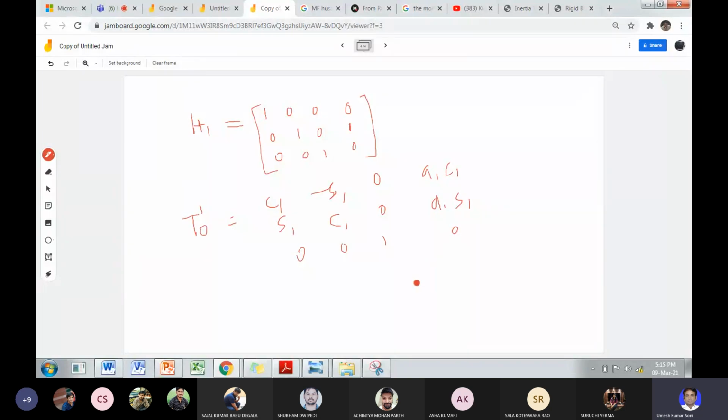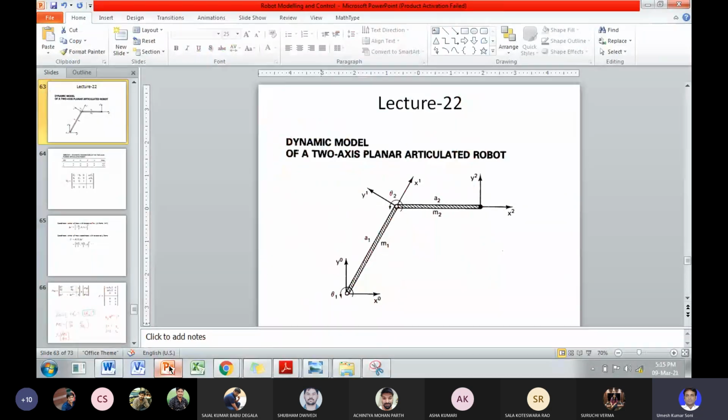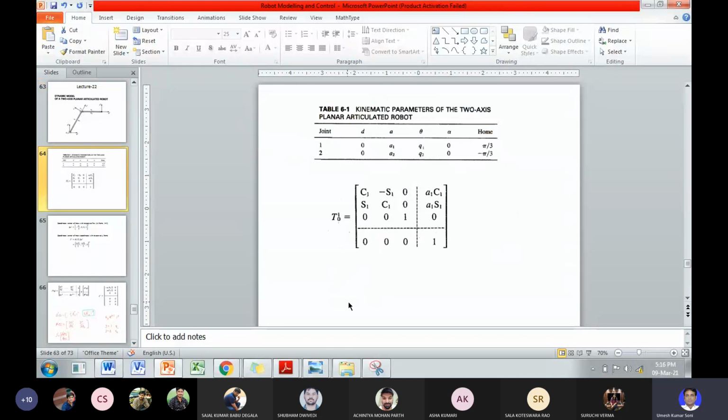So finally you will get the complete homogeneous transformation matrix. And now from here you get the R10. Okay, next what is the step?